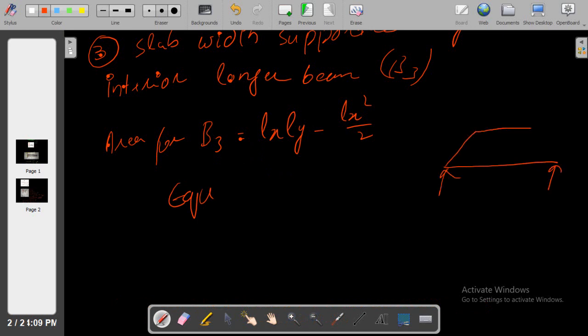This is a trapezoidal loading, so that trapezoidal loading must be converted to a UDL loading. To convert this trapezoid to a UDL load, we need to multiply this area with a factor, and that factor is the equivalent UDL factor.